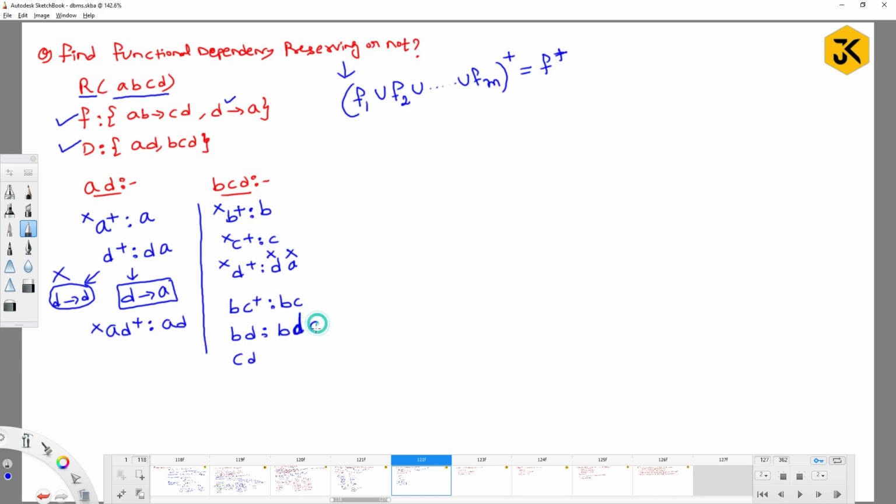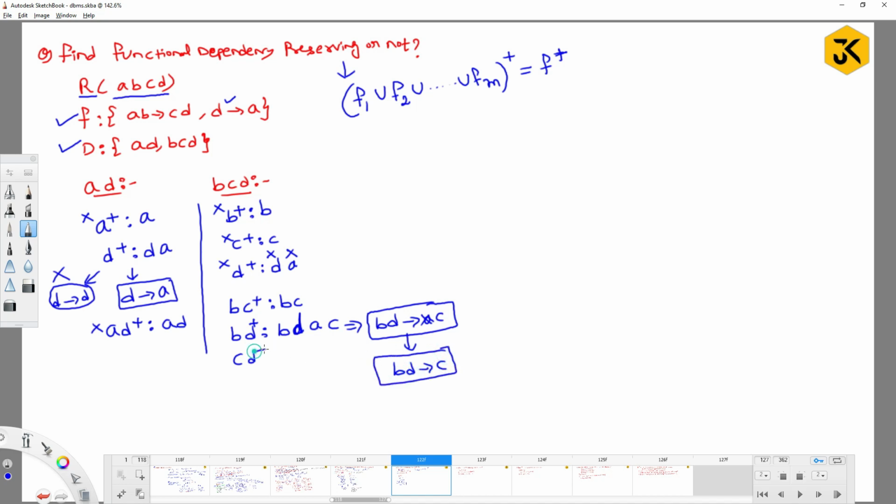From D I can get A, and from AB I can get C. Observe, guys. If I find the BD closure, you get BDAC, which means that BD can determine AC. Among those, A is not in our relation, so I can simply skip it. I can write BD determines C as possible.